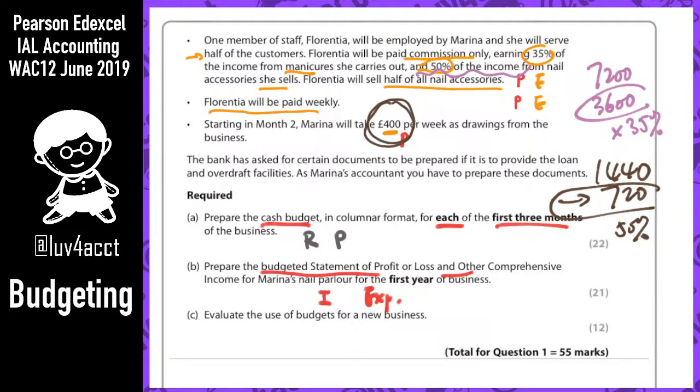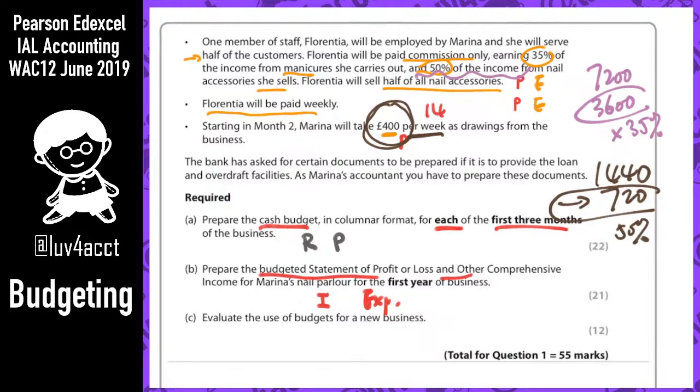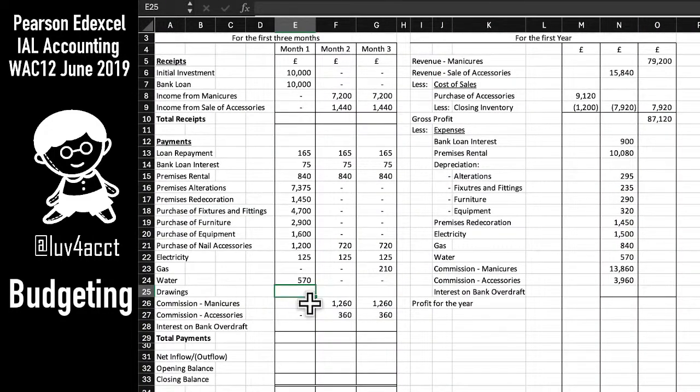Be careful, I almost omitted these two words, per week. 400 per week means 1,600 per month, starting in month 2. So nothing in month 1 because they are not making any money yet. And then starting from month 2, it would be 1,600 per month.